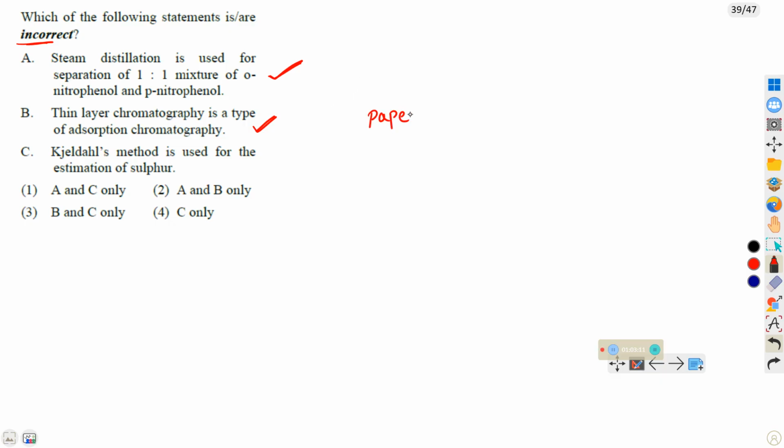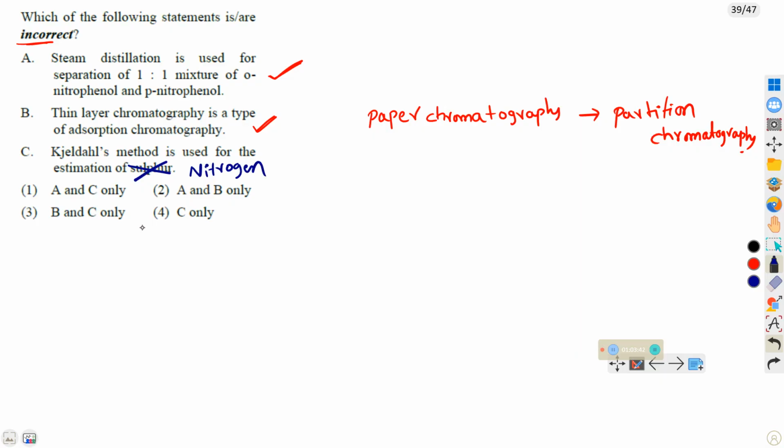Paper chromatography is partition chromatography, and thin layer is adsorption chromatography. Kjeldahl's method is used for the estimation of sulfur. Wrong. Estimation of nitrogen. So only C.